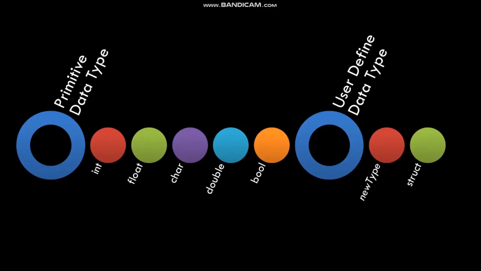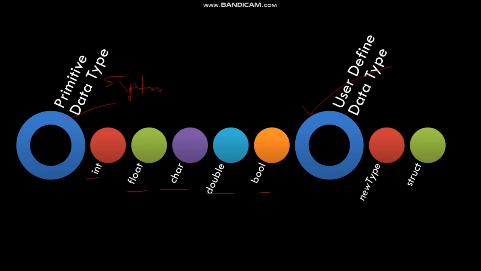Coming to the types of data, or the data type categories, we can divide the data types into two: the primitive data types, or in other words, the system defined data types, and the user defined data types. The primitive data types are defined by the system, and they can be seen as integer, float, character, double, and boolean.